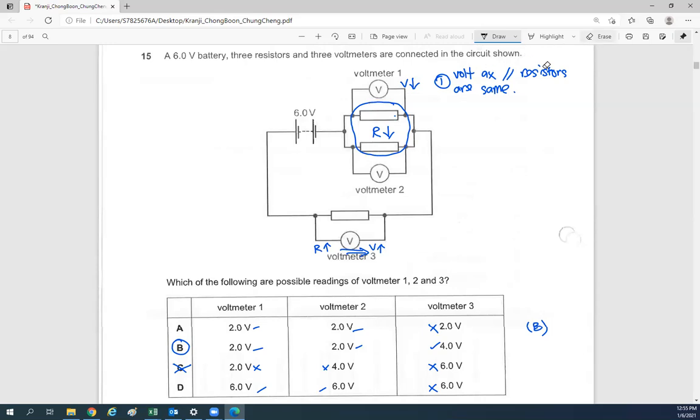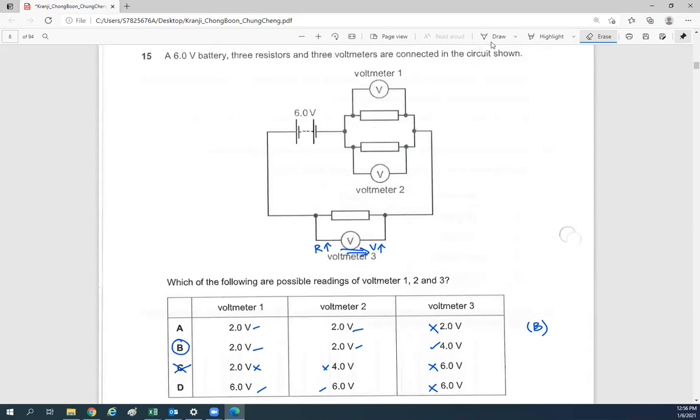Okay, so step number 1, you must know that the voltage across 2 parallel resistors are the same. Okay, so that's 1.